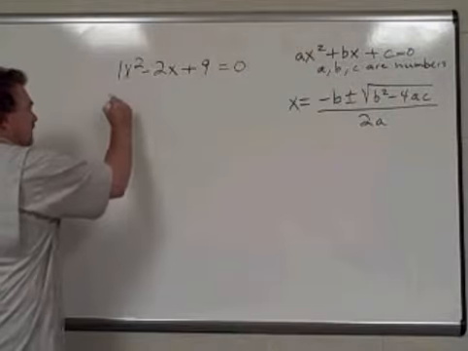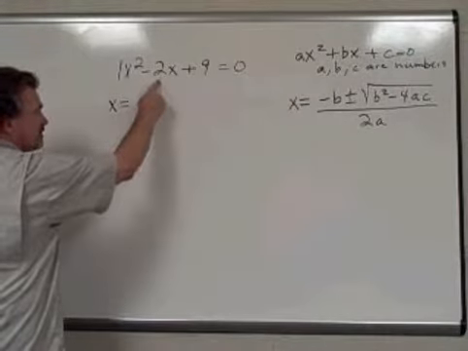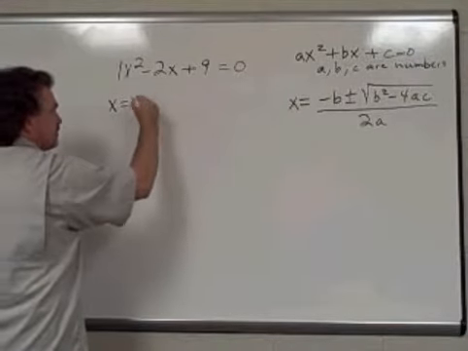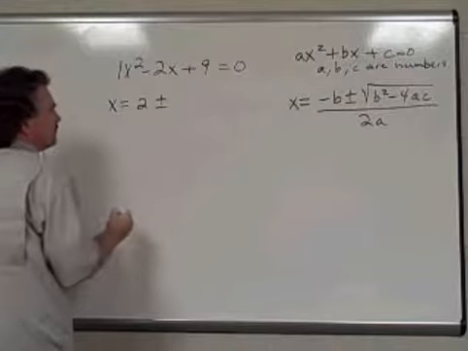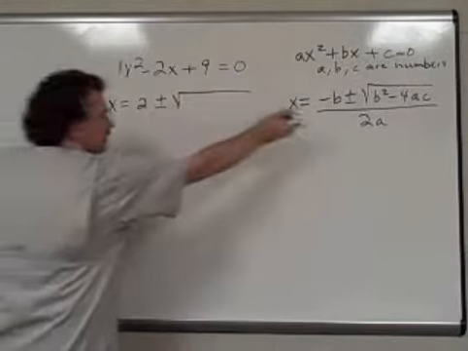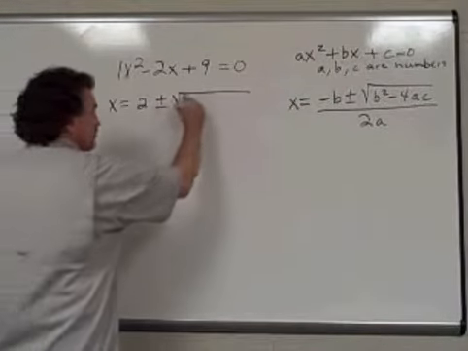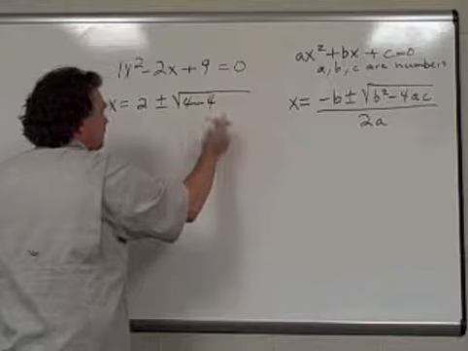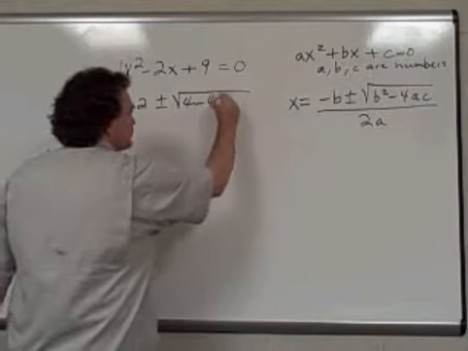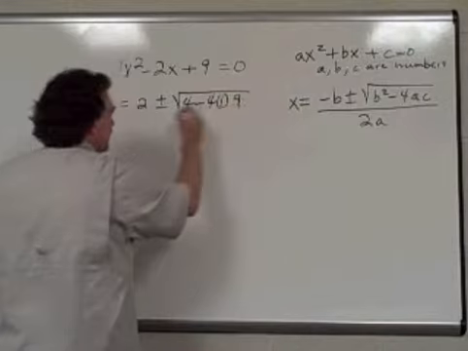So when I solve, I'll have x equals the opposite of B, that would be the opposite of -2, which is +2, plus or minus the square root of b squared. The square of -2 is +4, minus 4 times the A coefficient, which is 1, times the C coefficient, which is 9.